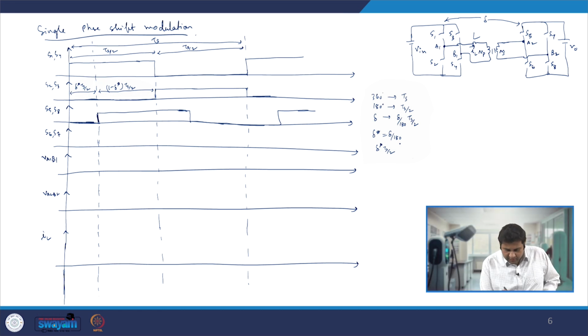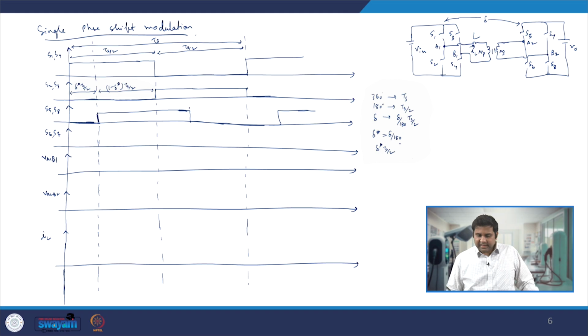Similarly, we can also draw S6, S7, because whatever the delta angle between S1 and S5, the same delta angle will be there between S3 and S7. So S7 and S6 will have the same phase shift as this.